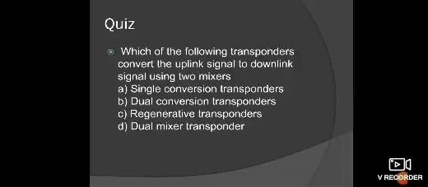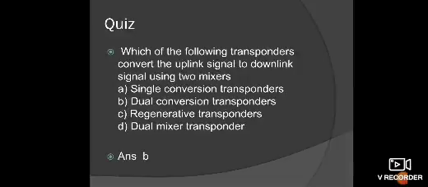Which of the following transponders converts the uplink frequency to downlink signal using two mixers? What is the type of transponder? The answer is B, that is dual conversion transponder. The name already indicates that dual is nothing but two.